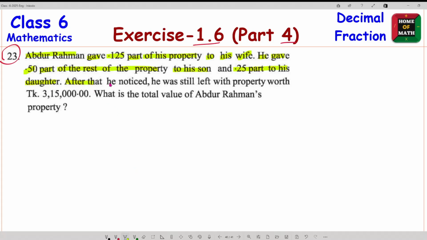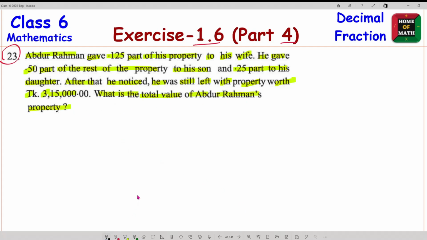After that, he noticed he was still left with property worth taka 3,15,000. What is the total value of Abdur Rahman's property?